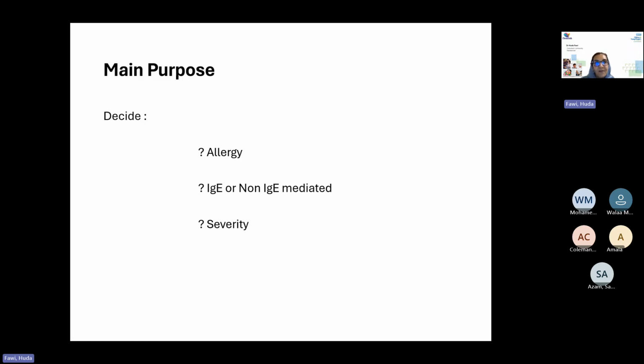Because if it's just a rash, rashes can be due to many things, viruses, infections, immune problems, and so on. So is it an allergy? And then next, is it IgE or is it non-IgE? And is it severe? How severe is it? So that's the main purpose of the history taking.